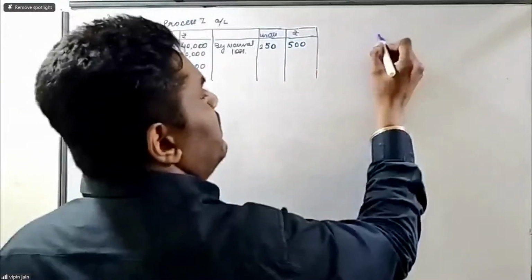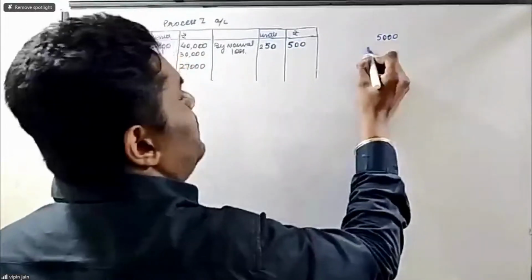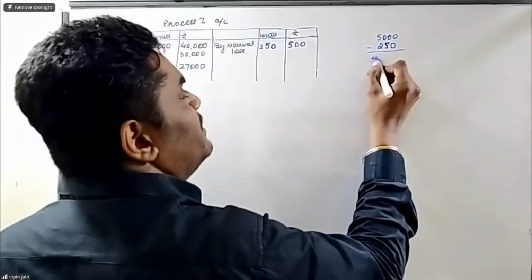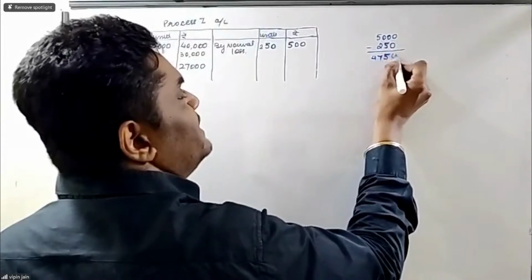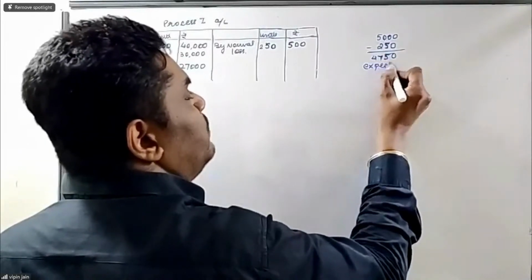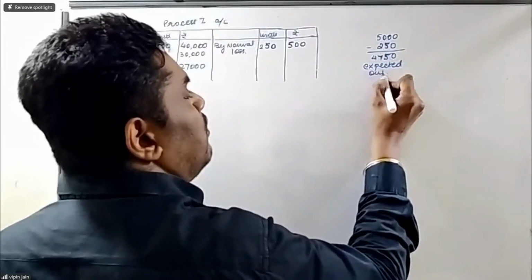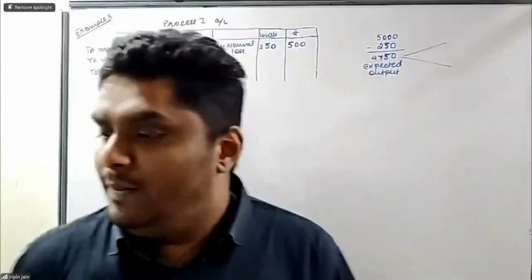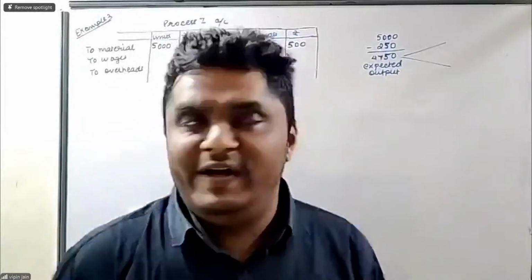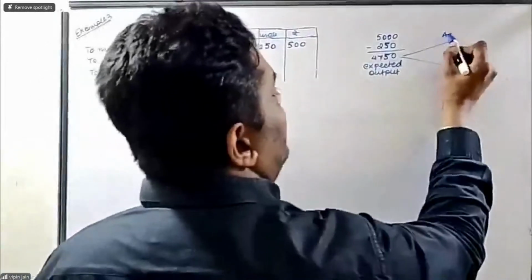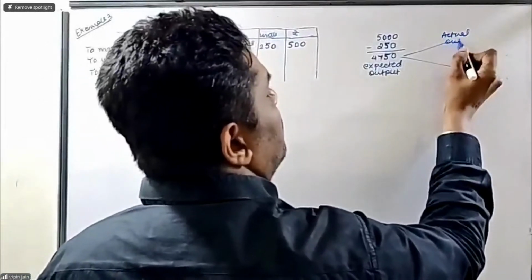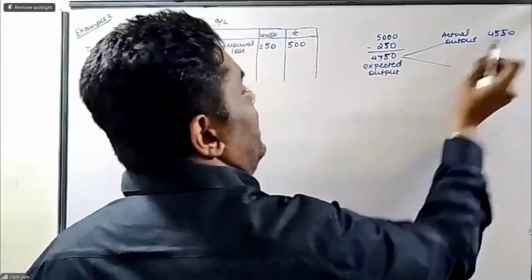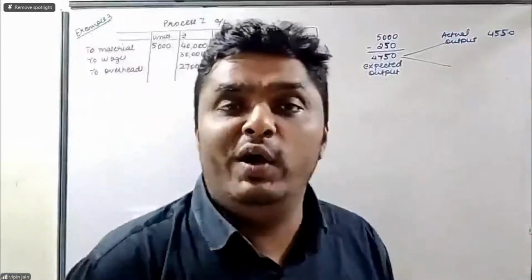Now see, 5,000 was my input. My normal loss was 250. So my expected output was 4,750. This was my expected output. But my actual output is how much? My actual output is 4,550. It means there is a loss of additional 200 units.